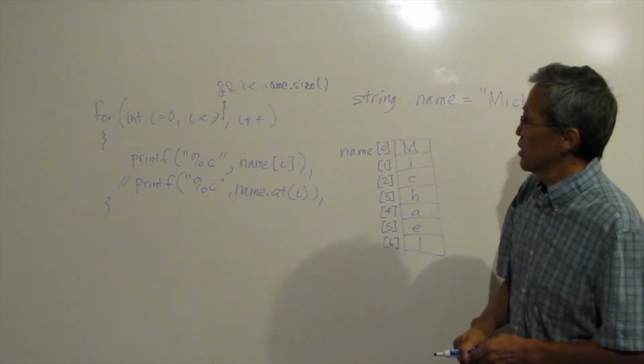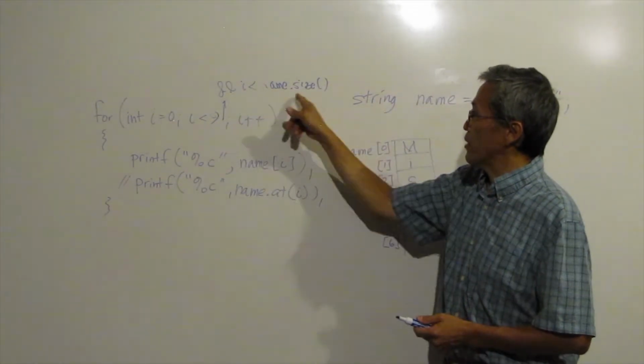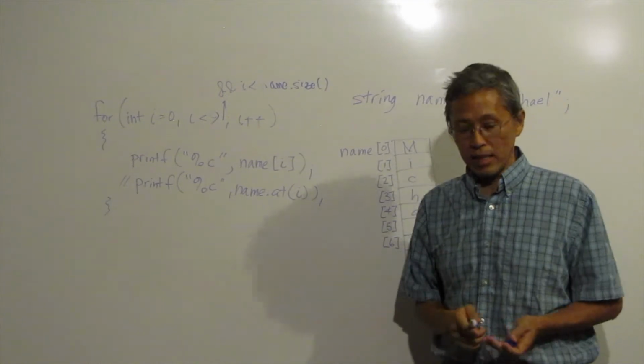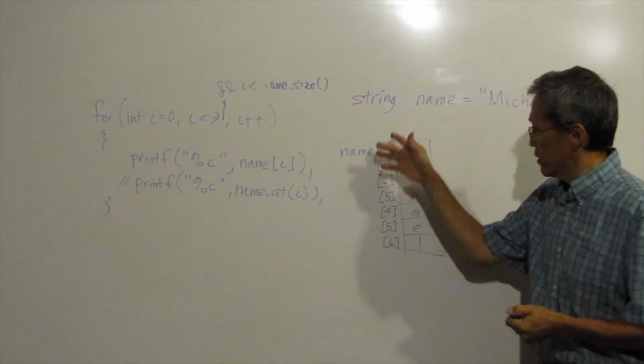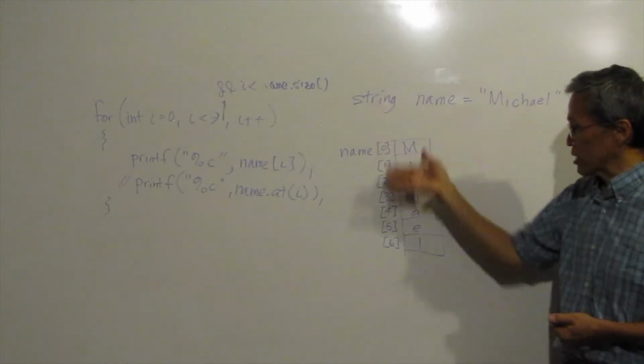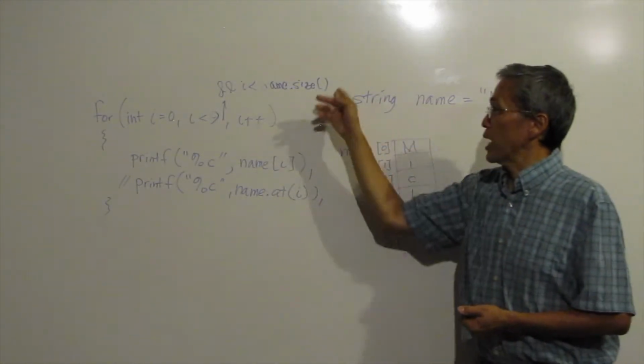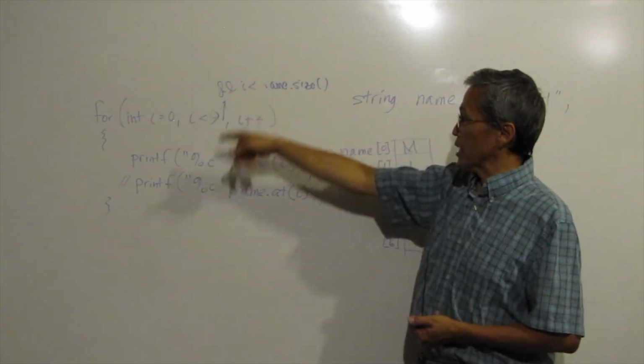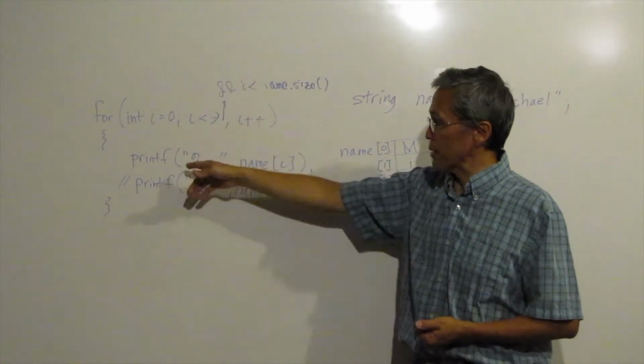This dot size says whatever the size of my string is, that's what's going to be that number. So in this case, the size of my string is 7, so that size would be 7. So this says as long as I is less than 7, go ahead and print it out.